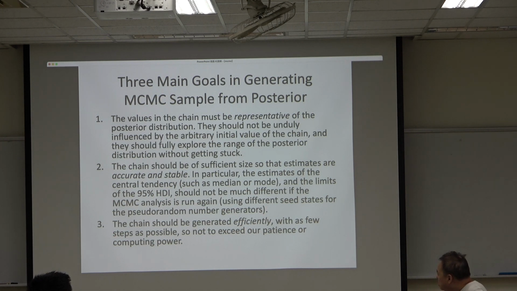Okay, so here the size of the chain again has something to do with the sampling process. If your sampling process is more efficient, then you don't need that many samples. You probably need just a couple of thousand.